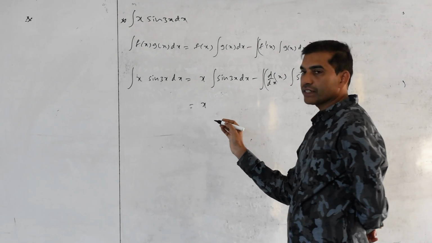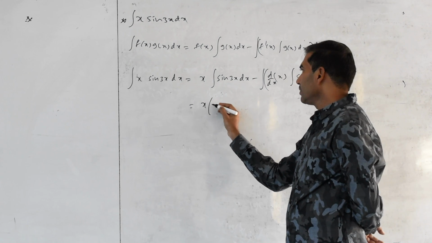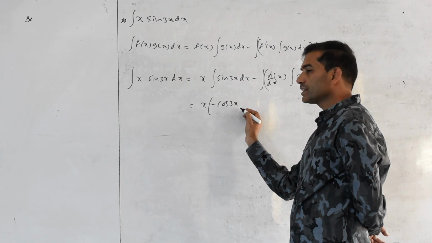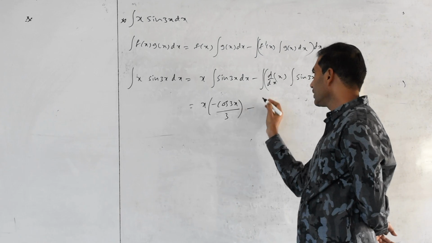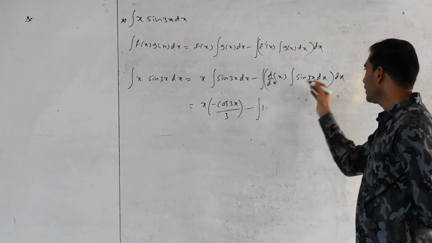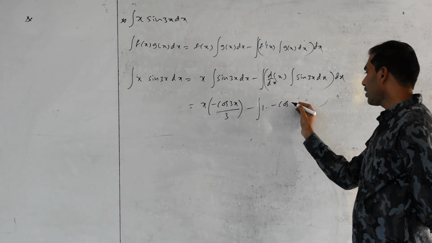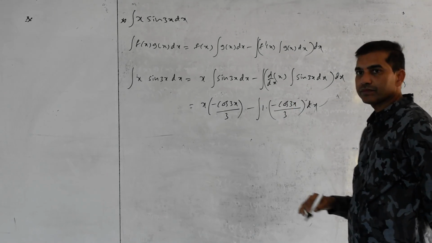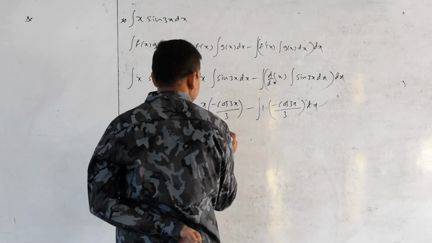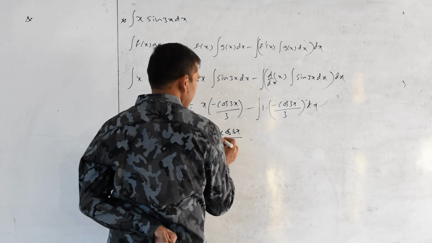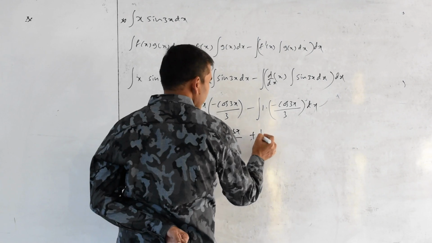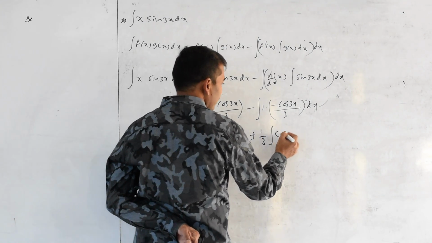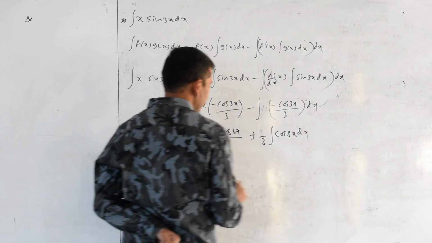X into integration of sin 3x, which is minus cos 3x by 3. Derivative of x is 1. This is minus cos 3x by 3 dx. Minus x cos 3x by 3, minus minus plus, 1 by 3 integration of cos 3x dx.